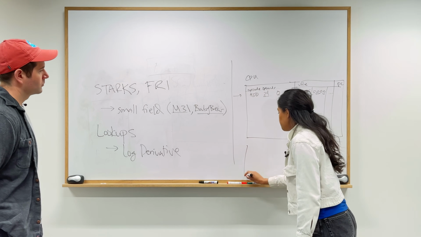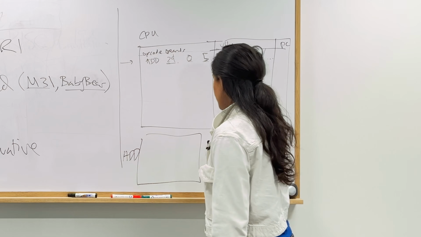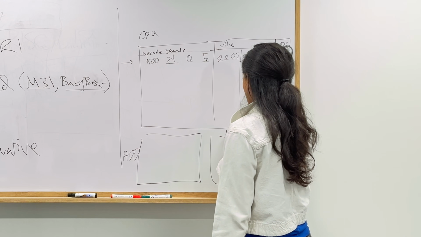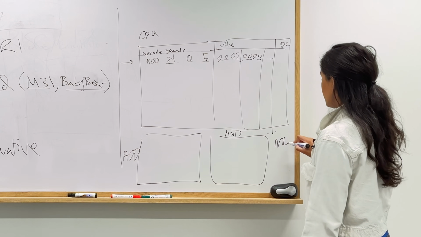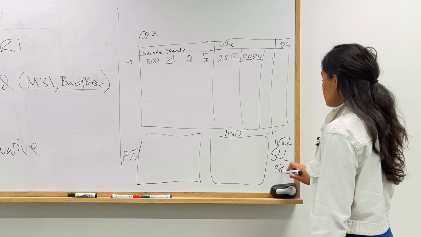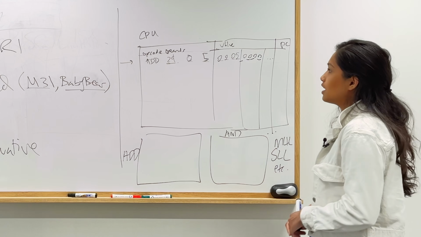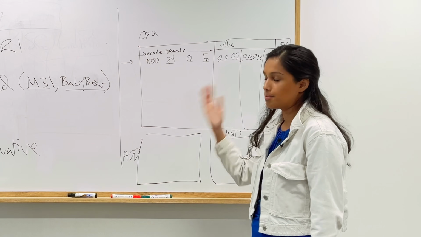So for example, we have an add table. We have an and table. We have a mul table. We have a shift table. So you have one for every instruction, pretty much. We have tables for most instructions, or at least for the arithmetic instructions.